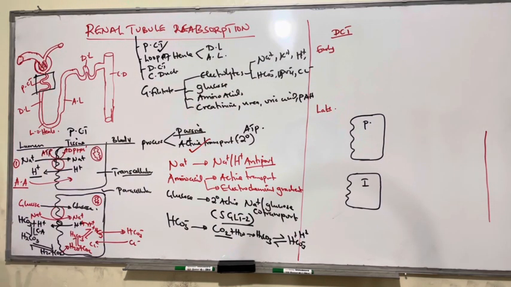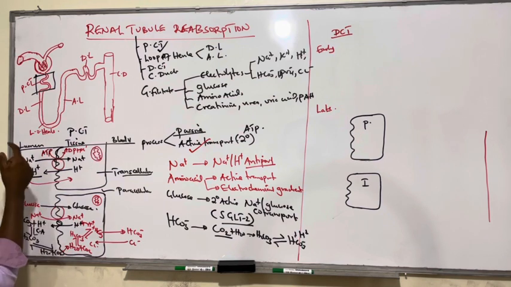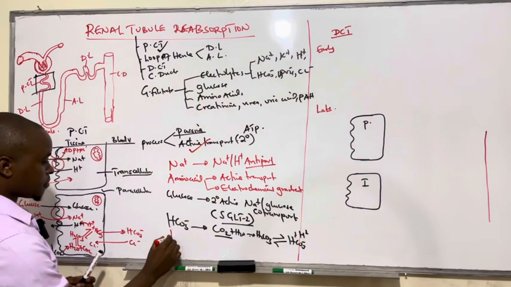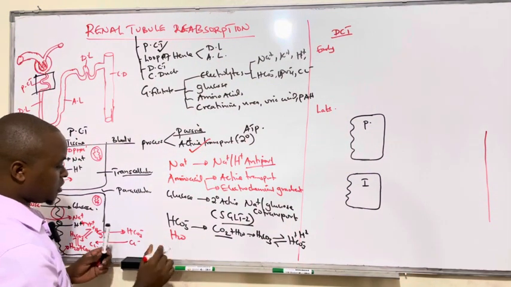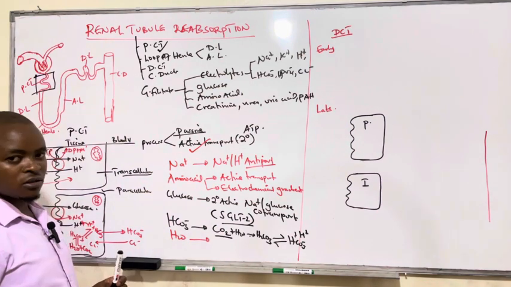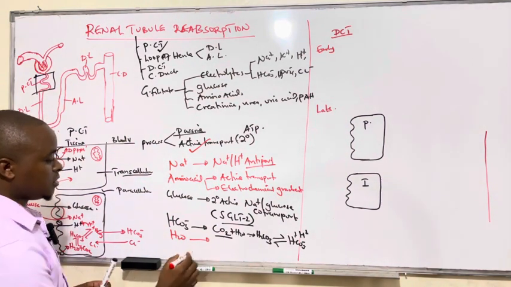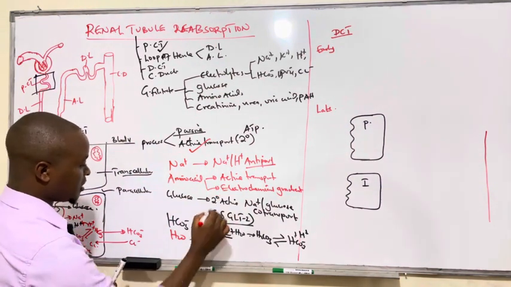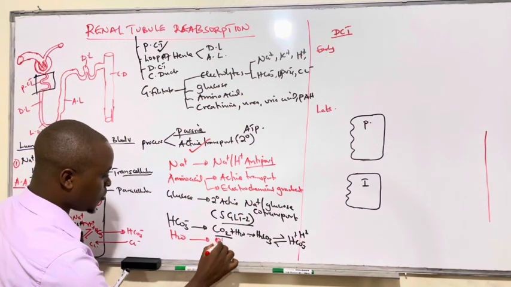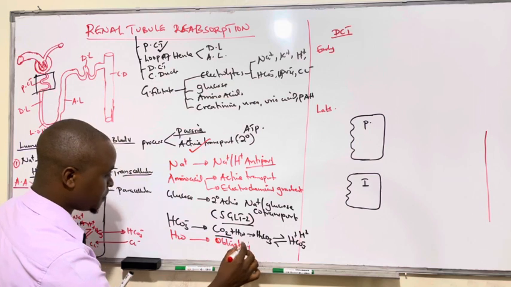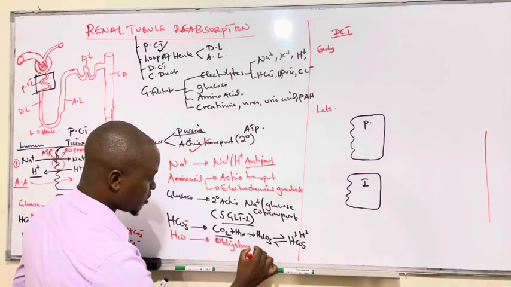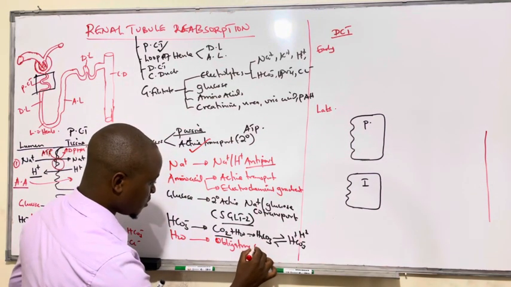Lastly, under reabsorption in the proximal convoluted tubule is water, whereby we see even water is reabsorbed. Water is also reabsorbed passively, or by what we call obligatory diffusion.